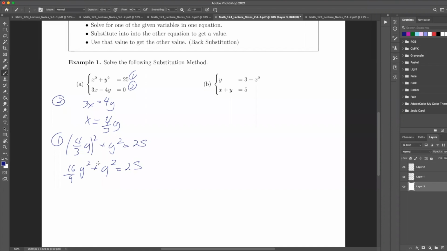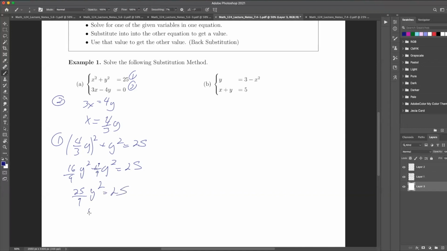So this would be 16/9 plus 9/9, so 16 plus 9 gives us 25/9, or 25/9 y squared. Here I'm just adding these two. So this would be like 9 over 9, same thing as 1, right? So I get 25/9 y squared equals 25.